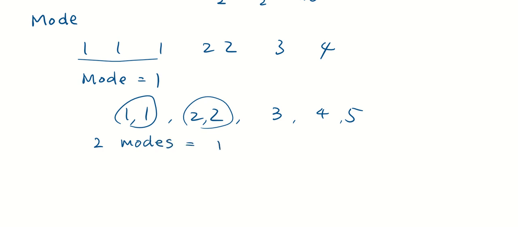One is 1 and the other one is 2. Okay. So what if I have a set of data that's like this? 1, 2, 3, 4, 5, 6. The frequency of each number is 1. And in this case, we call it no mode.